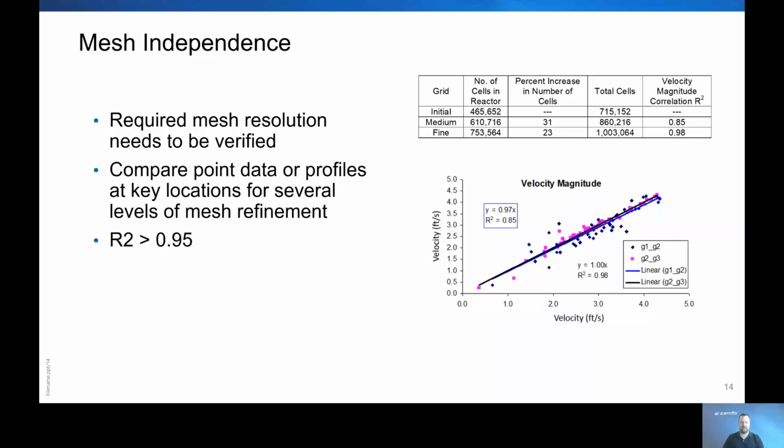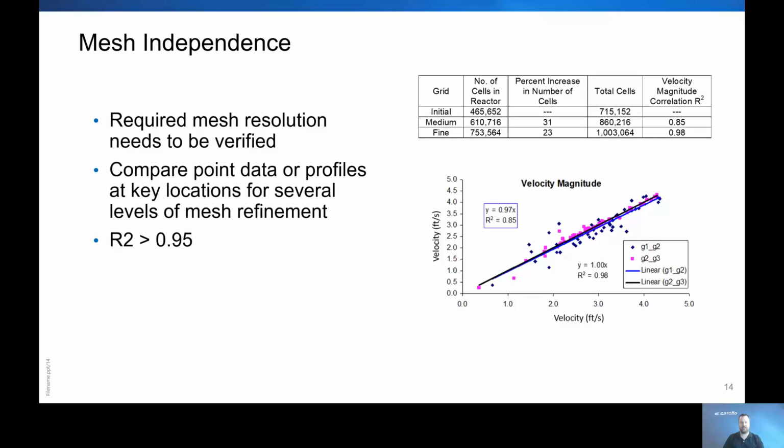Typically, point values are compared at some location of interest, and we're looking for an R squared of 0.95 or better between the 2 meshes. So in this example on the right, from our initial mesh to our fine mesh, we've increased our cell count by approximately 31%. We've improved the resolution, but the difference between the 2 solutions still has some variability.